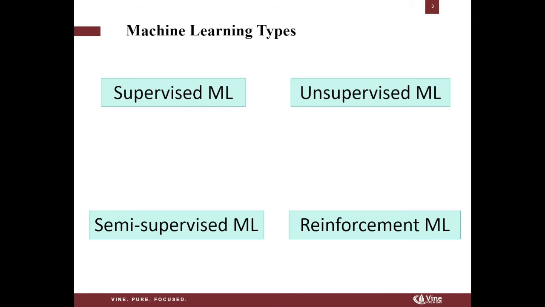You could also combine reinforcement learning with deep learning, which you can call deep reinforcement learning. I think over the next few years, we're going to probably hear more about reinforcement learning. So today I'm going to talk about building supervised machine learning models, and I'll show you a case study on that.